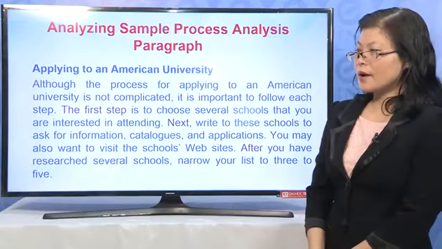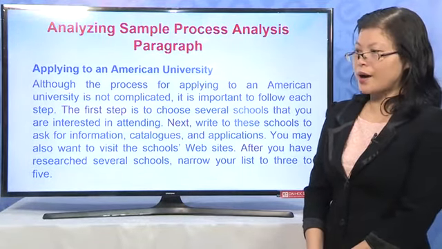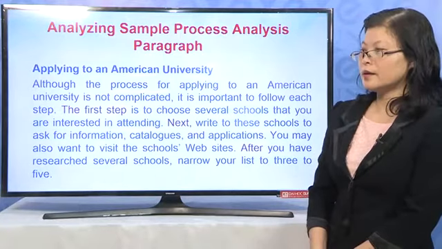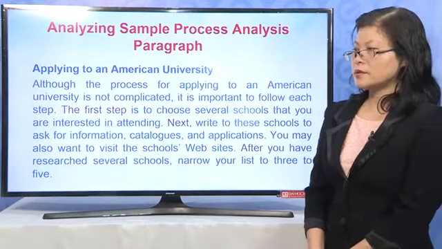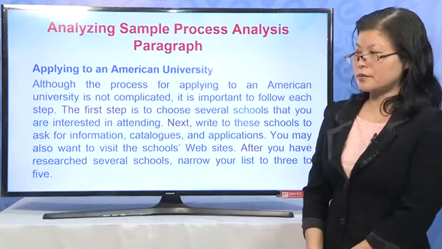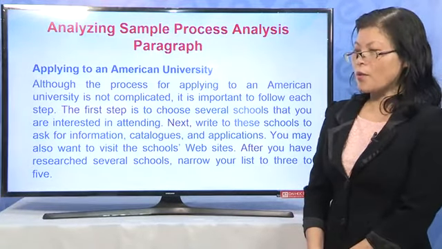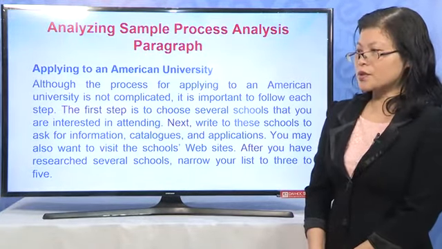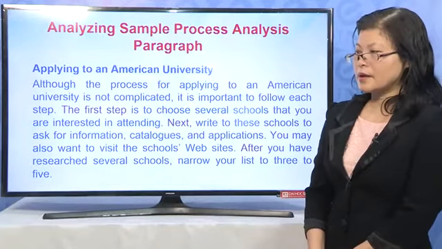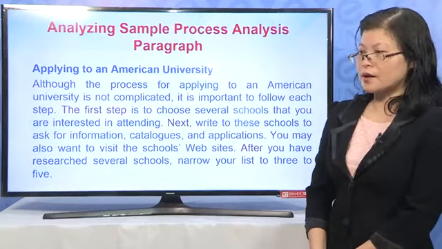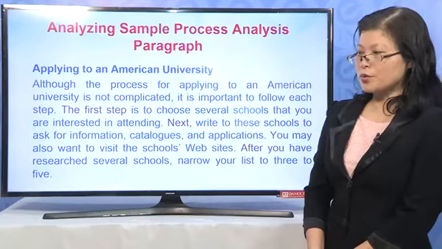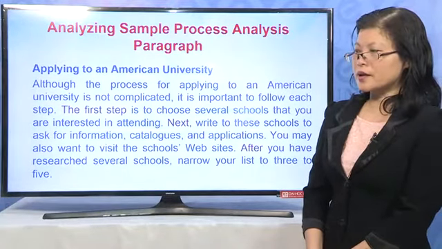Next, write to these schools to ask for information, catalogs, and applications. You may also want to visit the school's website. After you have researched several schools, narrow your list to 3 to 5.